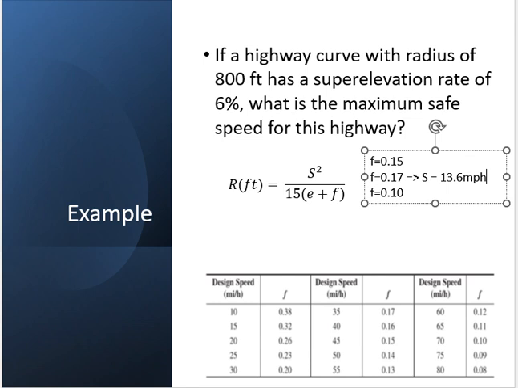What are you guys doing? You are calculating the speed, right? 50.2. 51.